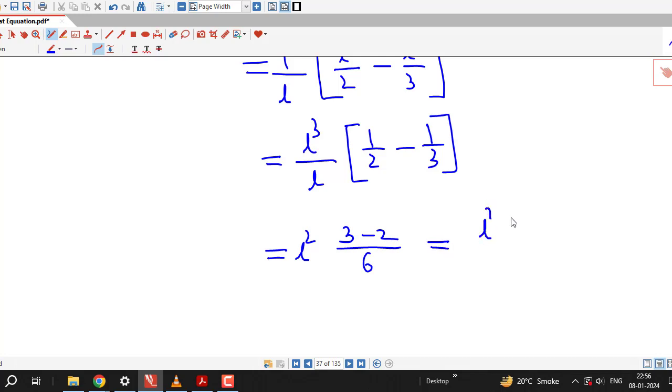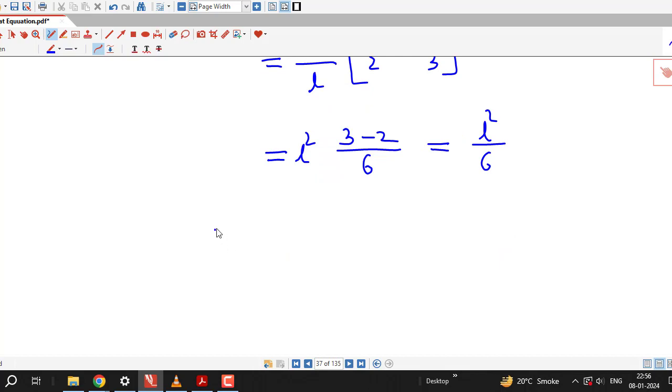So finally we have L square divided by 6. This is the value of capital A suffix 0, which is L square divided by 6.